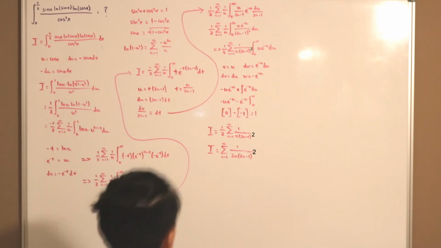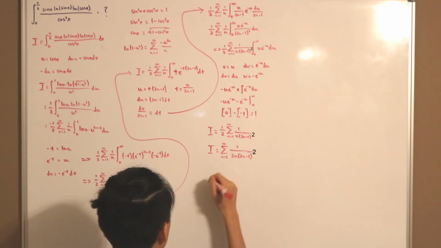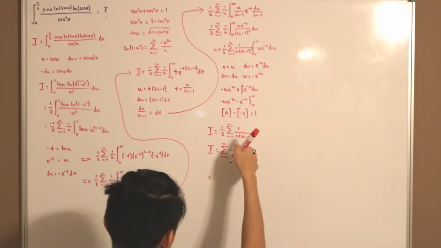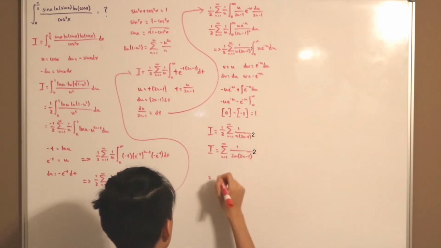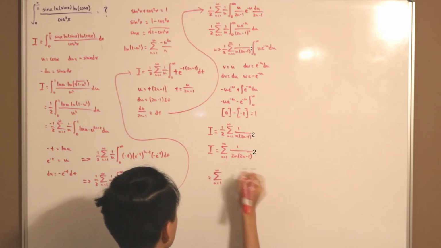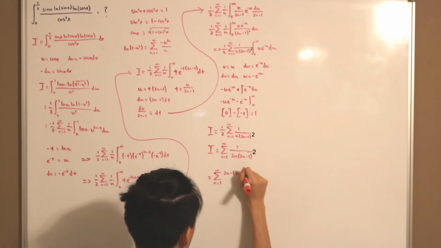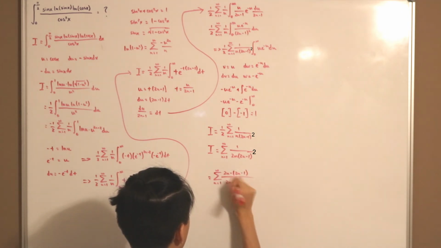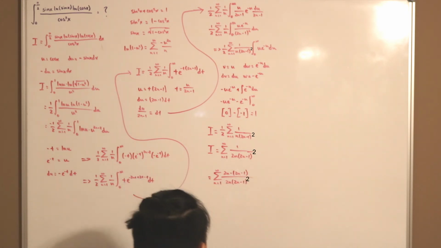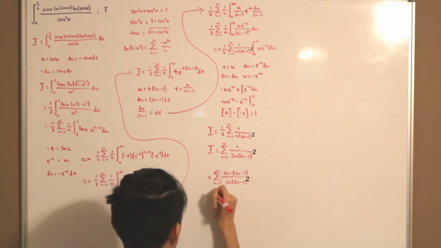So now what I'm going to do in this step is add a 0 pair. What I mean by that is I'm going to rewrite the 1 so that the numerator is in terms of n. So in other words, we have 2n minus (2n minus 1) divided by 2n times 2n minus 1. Then we can split the summation into two different series.